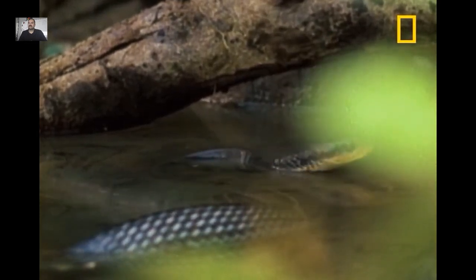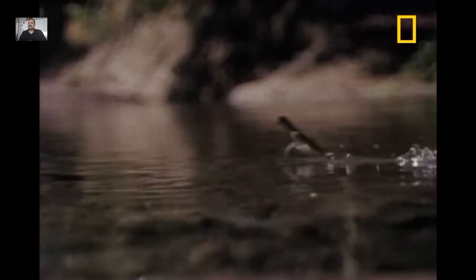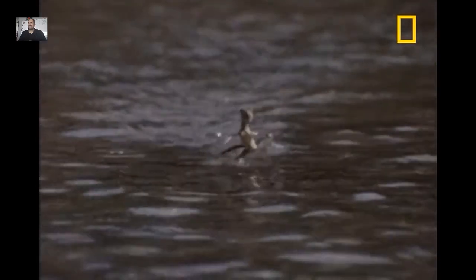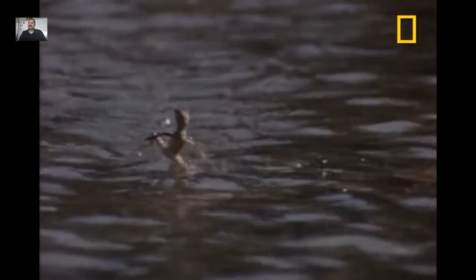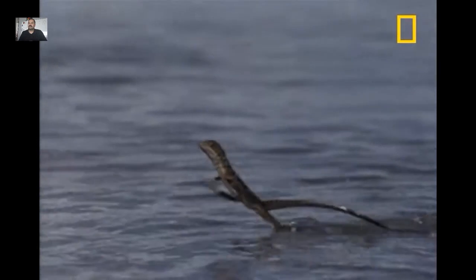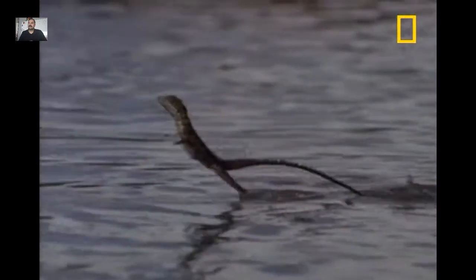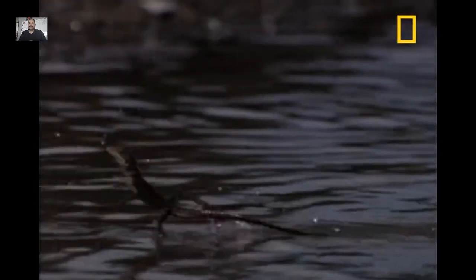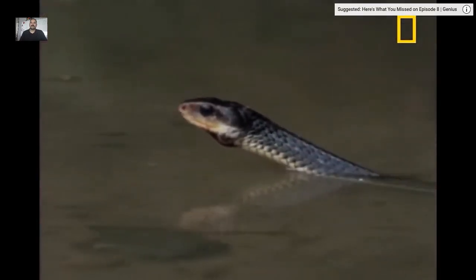This predatory reptile will help reveal the secret as it stalks the young basilisk. The basilisk is called the Jesus Christ lizard because it can walk, well, really run on water. It bicycles its hind legs, and the tail becomes a counterweight. We can't know what the snake is thinking.